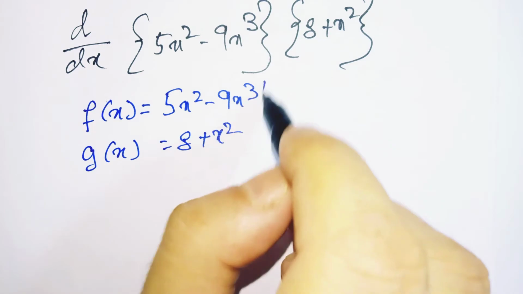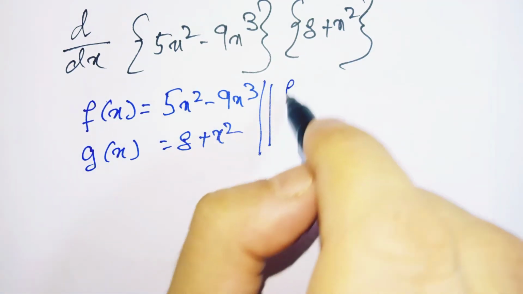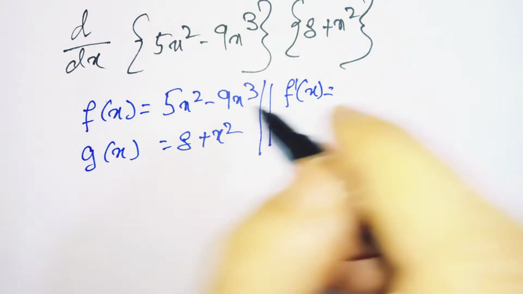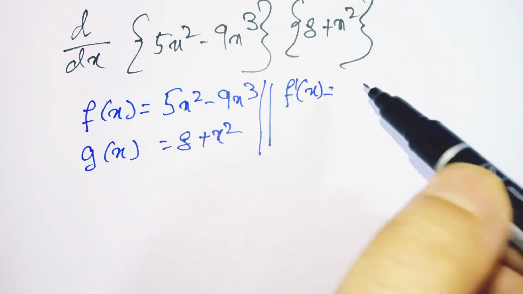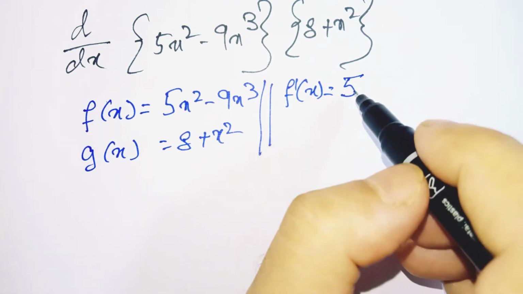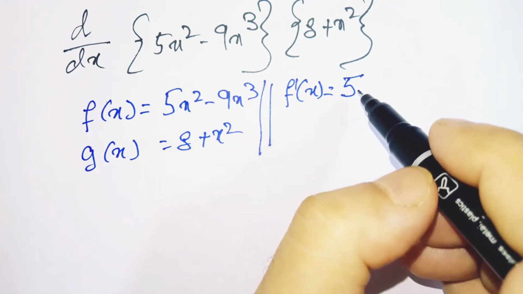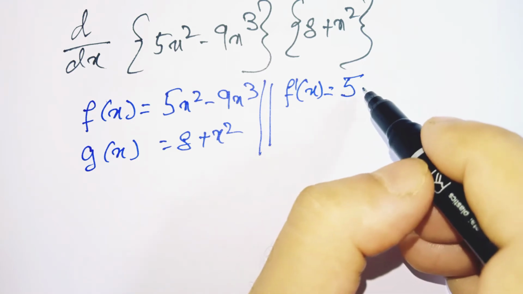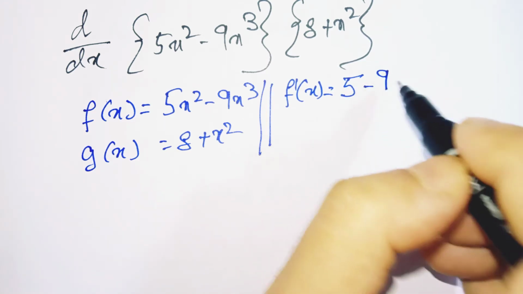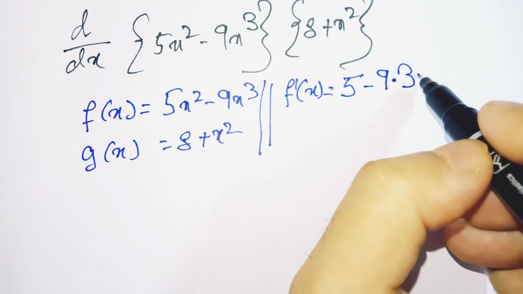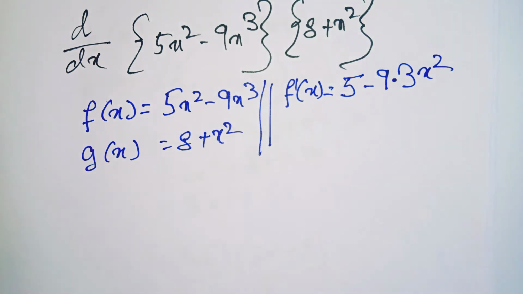So let us find this part first. What would f prime of x be? I'm not going into much detail of showing the steps. It would be 5 minus 9 multiplied by 3, and this would be x raised to the power 3 minus 1, which is 2.